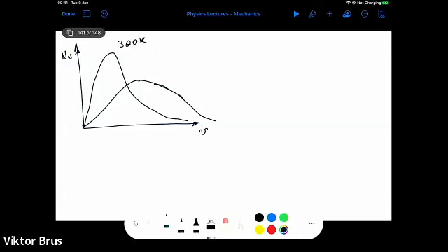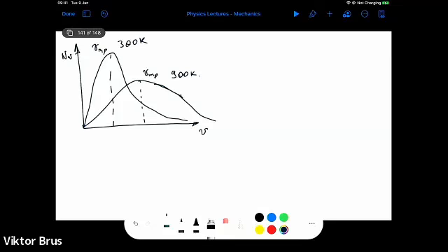So the so-called most probable speed will be shifted to higher values, and this distribution will be broader. So this is the effect of temperature. Let's say it will be at 900 Kelvin on the Maxwell-Boltzmann distribution for speed of molecules in an ideal gas.